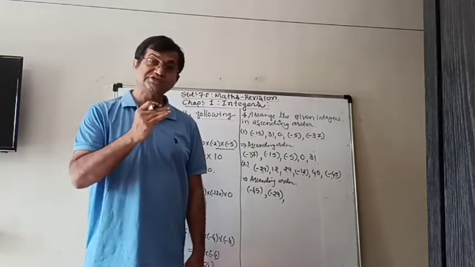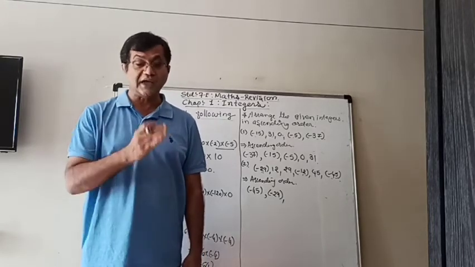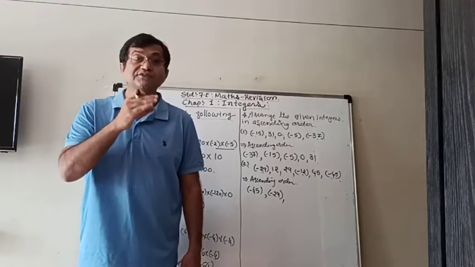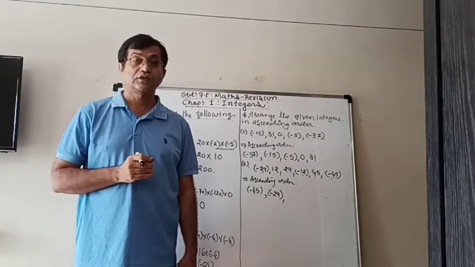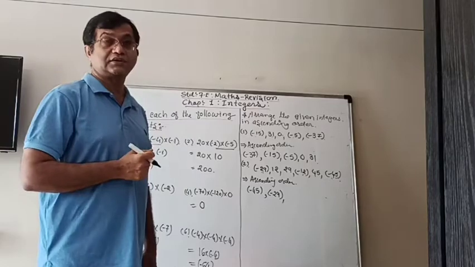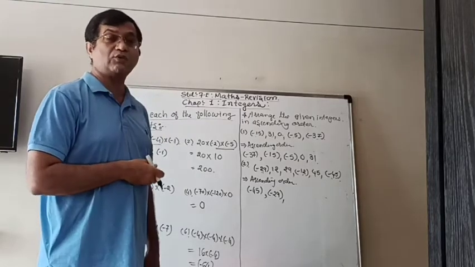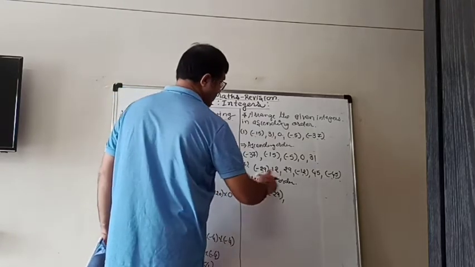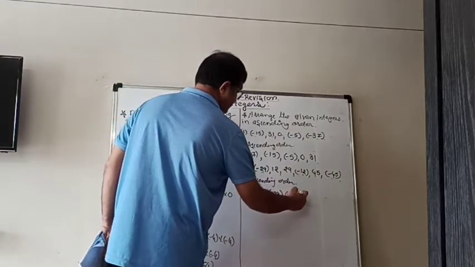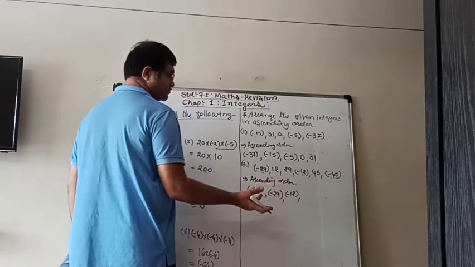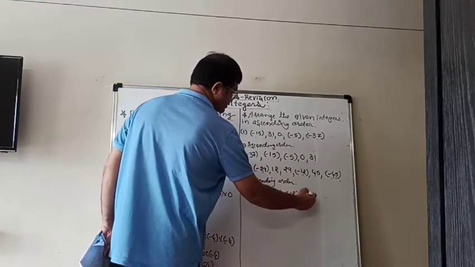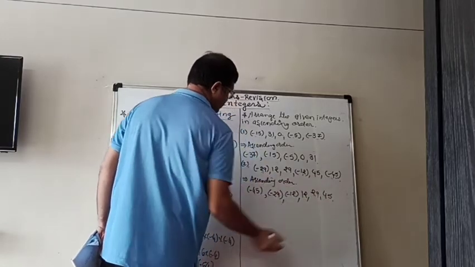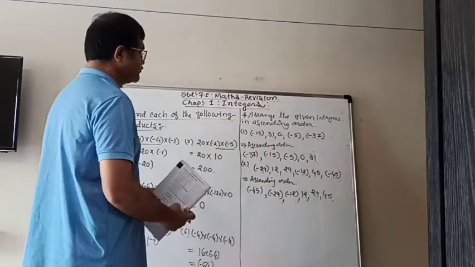Because if you see the digits only, as the digits are getting bigger, the value becomes smaller. So -100 looks very big, but it is very small. So here -45, then -29, then -12. And then positive numbers, we already know that 12 will be the smallest, then 29, and at last 45.